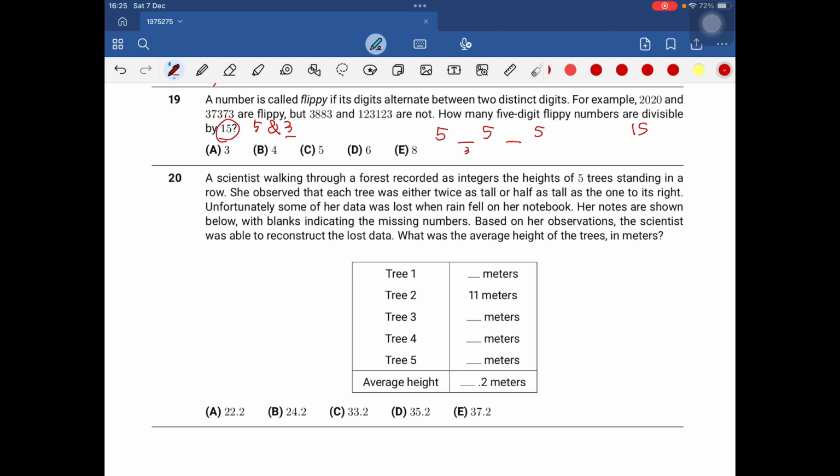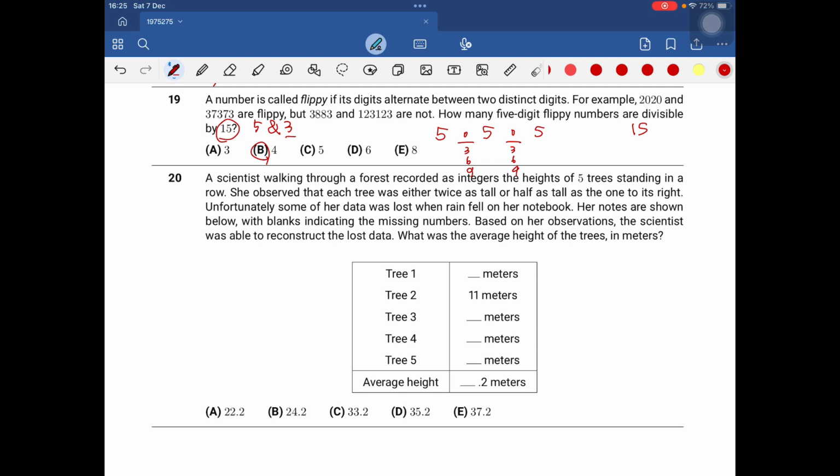So 3 and 3, 6 and 6, 9 and 9, and 0 and 0, like this. So only those are divisible by 15, which is divisible by 5 and divisible by 3. So okay, 1, 2, 3, 4.